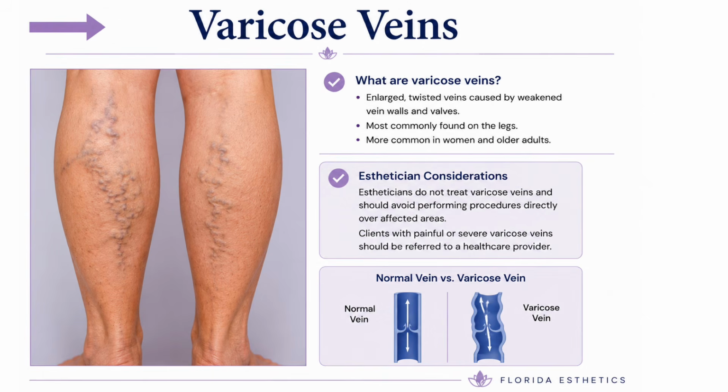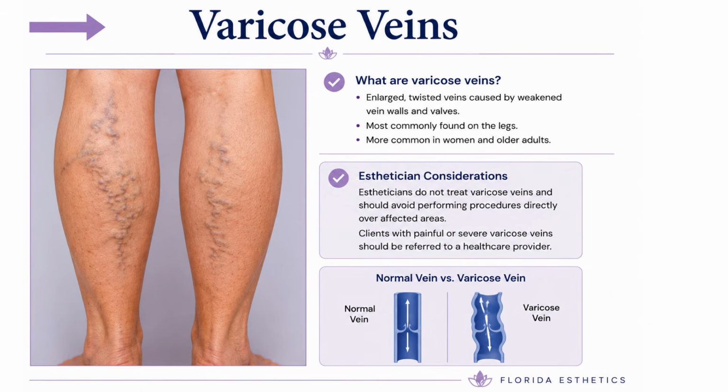Varicose veins are enlarged, twisted veins that most commonly appear in the legs. They develop when the valves inside the veins become weak or damaged, allowing blood to pool instead of flowing efficiently back to the heart. Common symptoms include visible bulging veins, itching, heaviness, swelling, and discomfort, especially after standing for long periods.